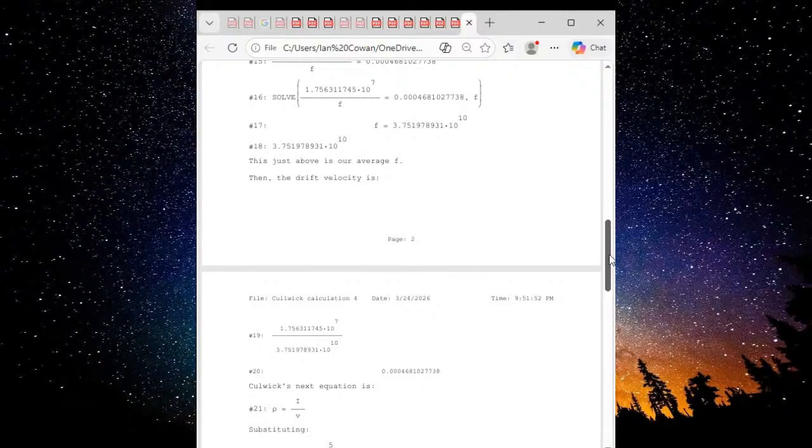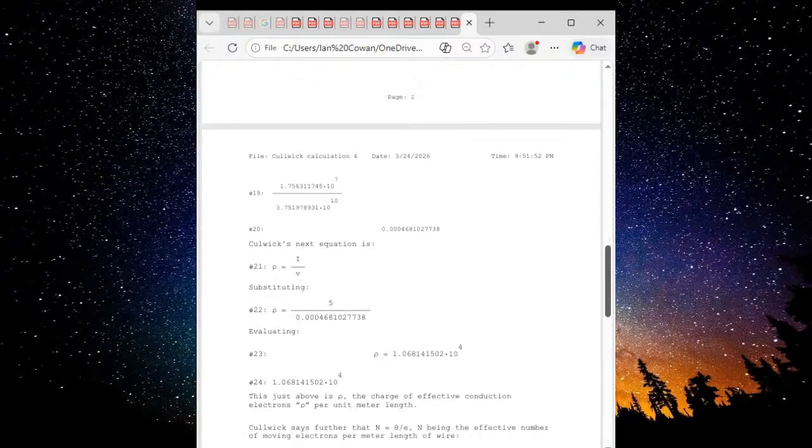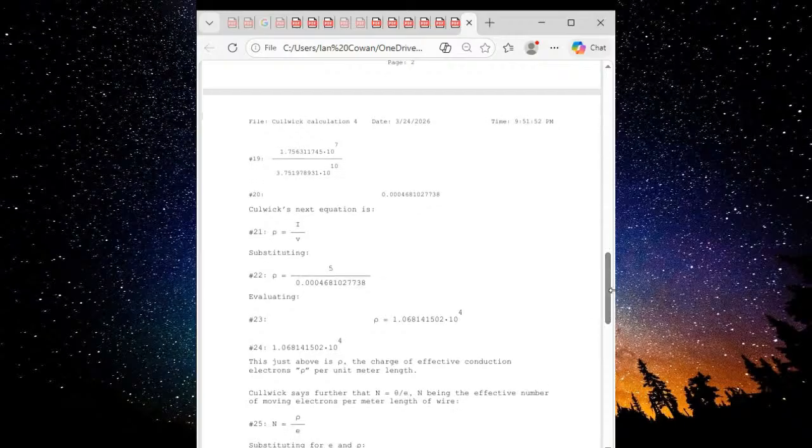Could you scroll down a little bit? So using the value of F we've computed, we calculate the number of conduction electrons divided by the number of free electrons, which should be about 1, unity. Okay, scroll down a little bit more.